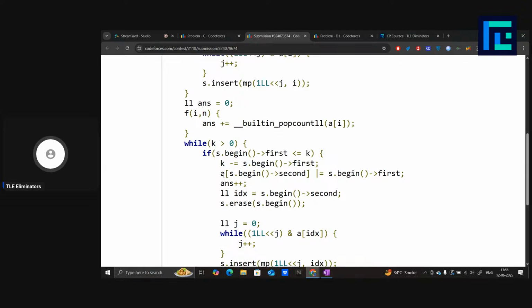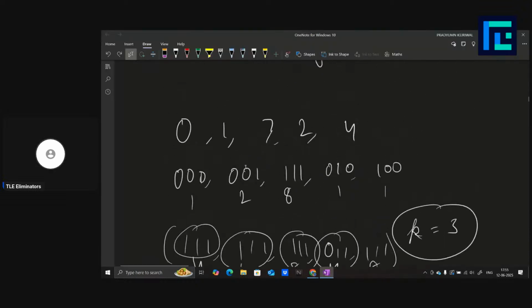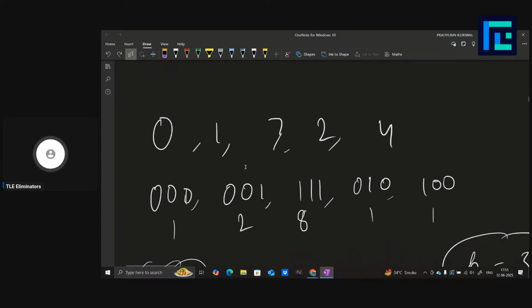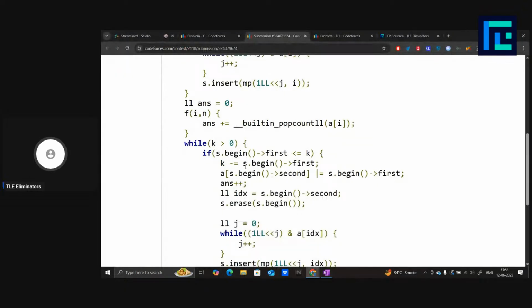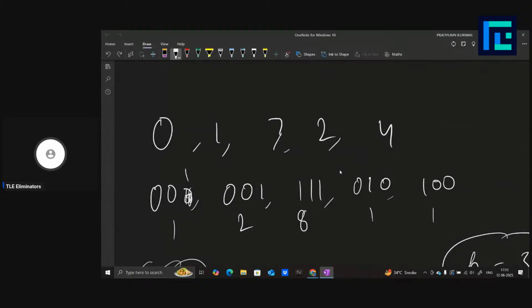Basically what I'm doing here is, when I'm doing the operation, I'm just changing the 0 to a 1. So in my array, I am taking the or with 2 to the power of whatever is the lowest bit. That will just set that bit to 1.